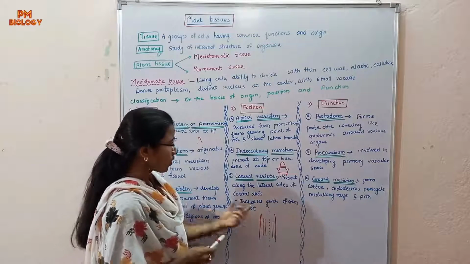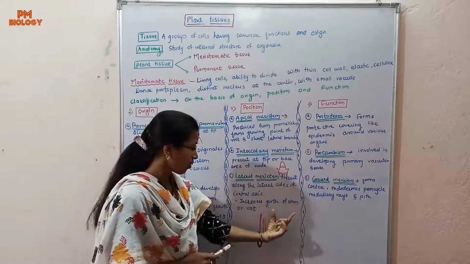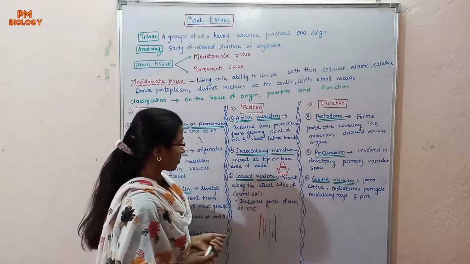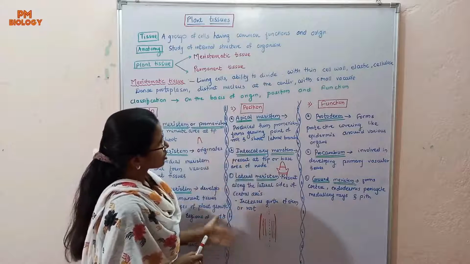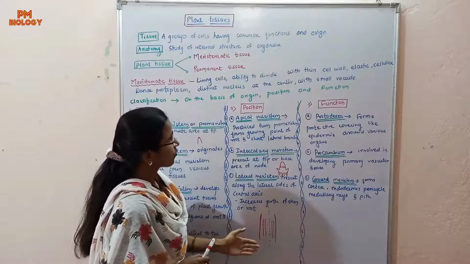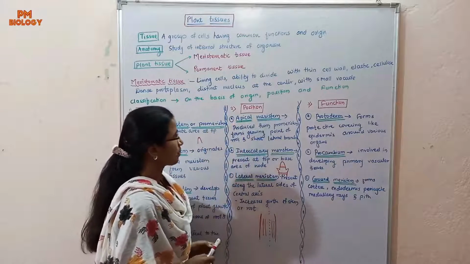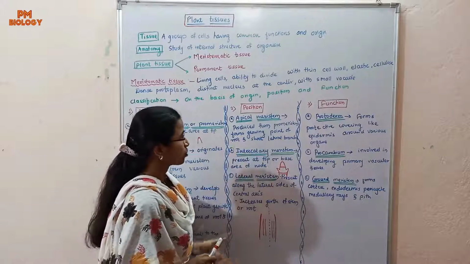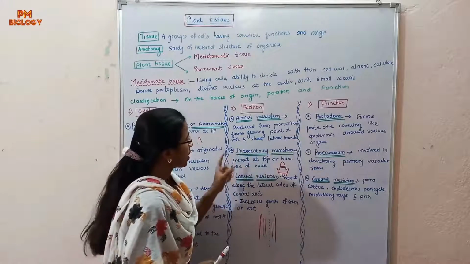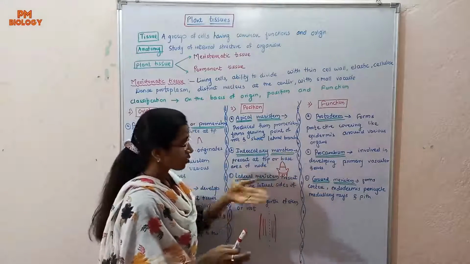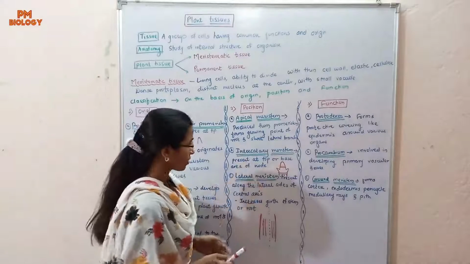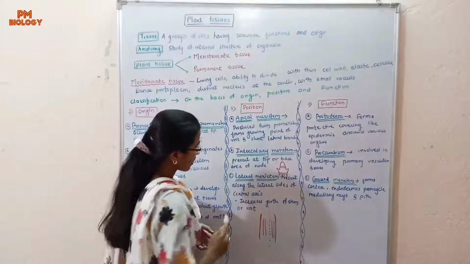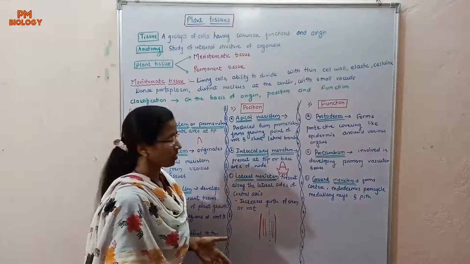And these are involved in increasing the girth of the stem or root. Okay, so on the basis of position, there are three types of meristem. Apical meristem, present at the apex of the root and shoot and lateral branches. Intercalary meristem, found on the top or the base of the node, and the lateral meristem present on the lateral side.